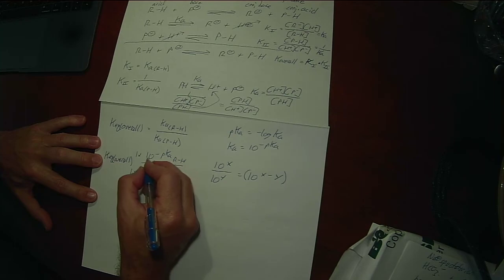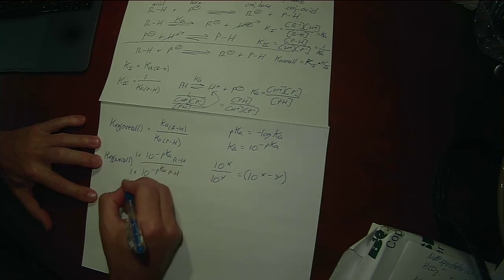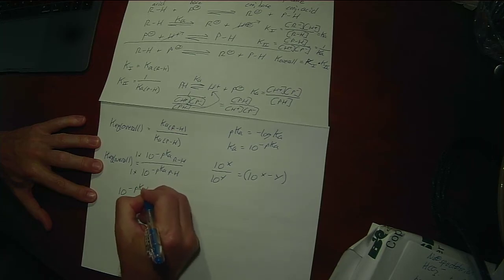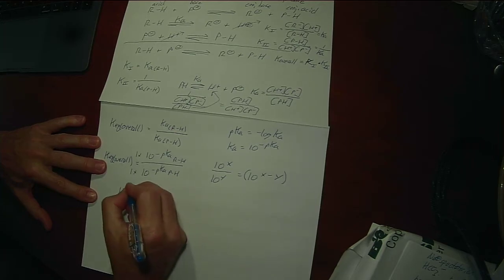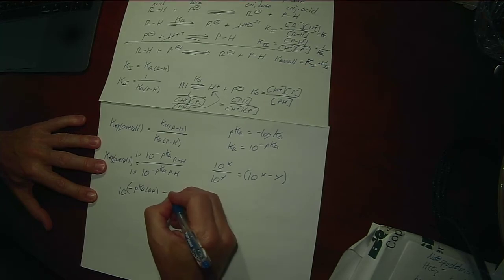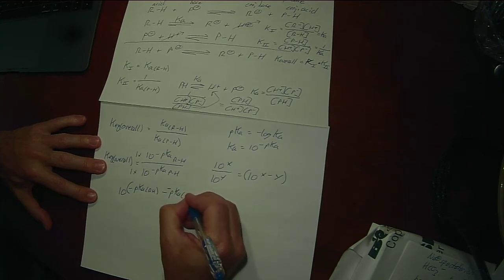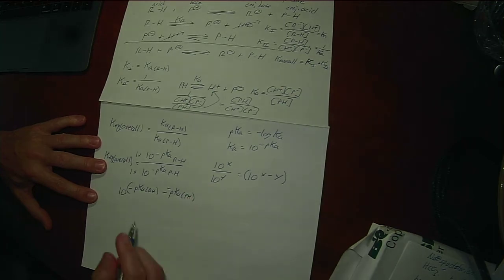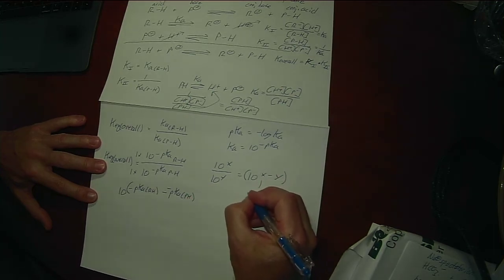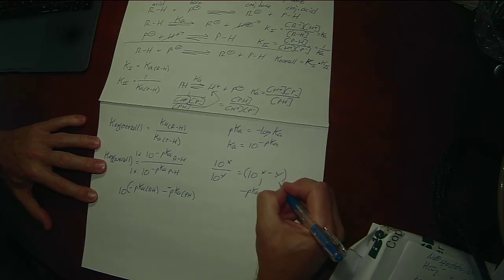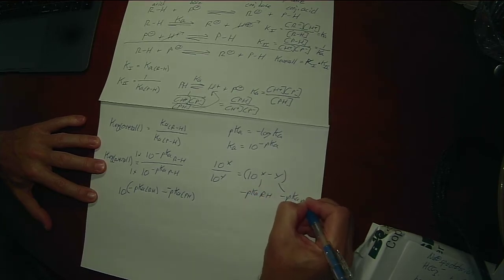So basically, I've got 10 to the minus pKa of RH minus minus pKa of PH, where x is equal to minus pKa of RH and y is equal to minus pKa of PH.